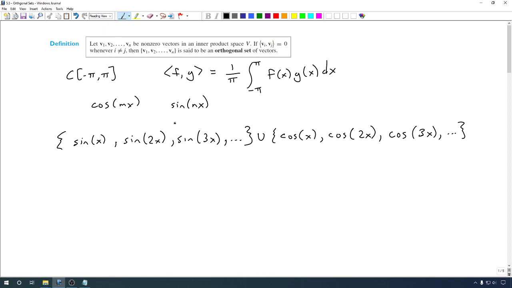No matter how many vectors you take from this collection, and you take their linear combination set equal to the 0 function, those coefficients always have to equal 0. So we basically have a proof here that these function spaces are not finite dimensional.